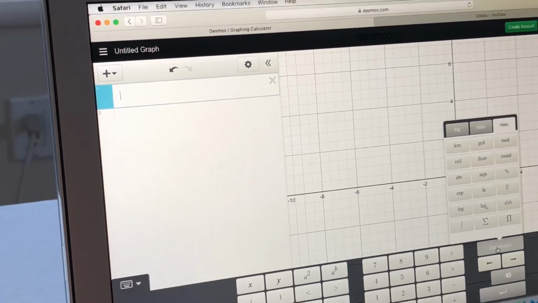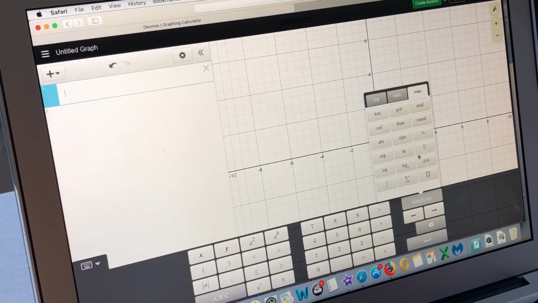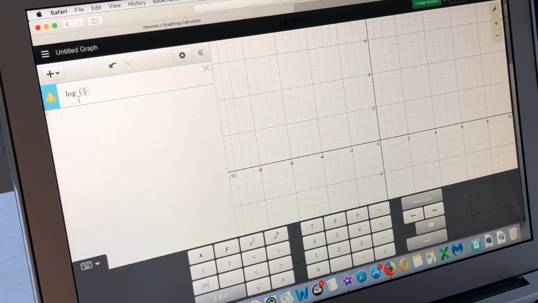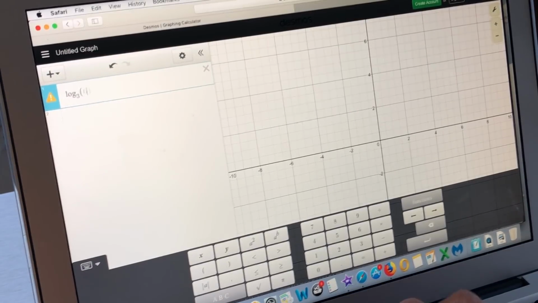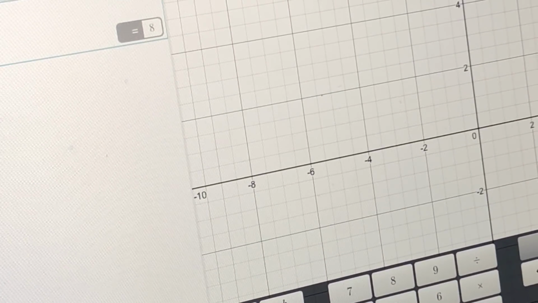We find log base 3 of 6561. 3 to the power of 8 is 6561. And the answer is 8. This is the answer.